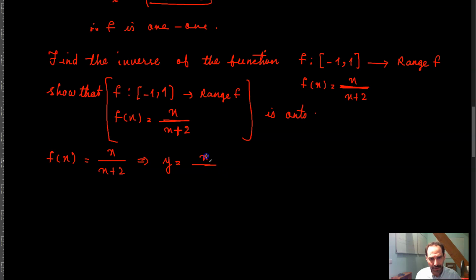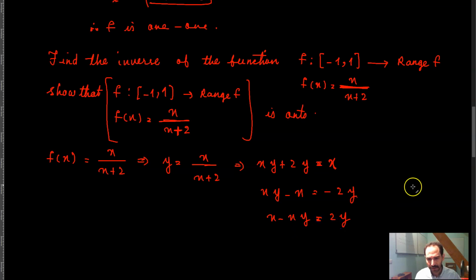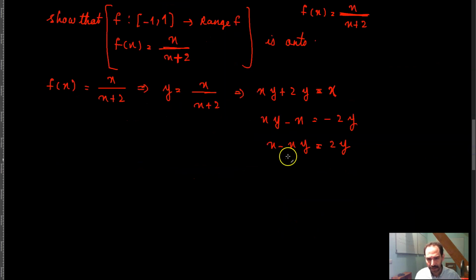So if y is equal to x over x plus 2, and if I cross multiply here, I'll get xy plus 2y is equal to x, and find x in terms of y, meaning that I can write xy minus x is equal to -2y, or I can write x minus xy is equal to 2y, which means that, and then if I take an x out here, then x times 1 minus y is equal to 2y, which means that x is equal to 2y over 1 minus y.